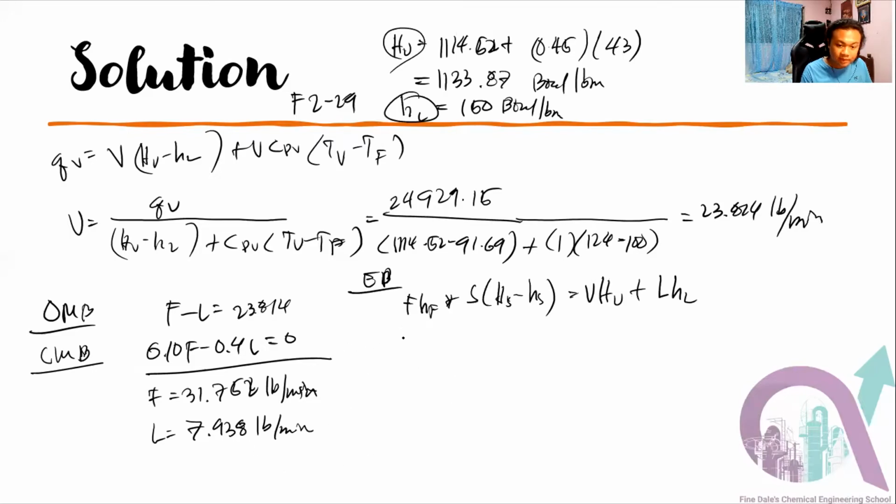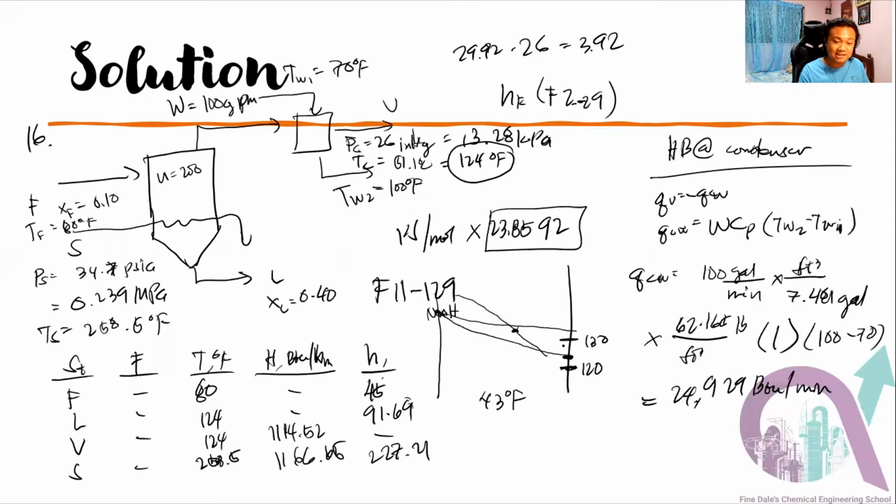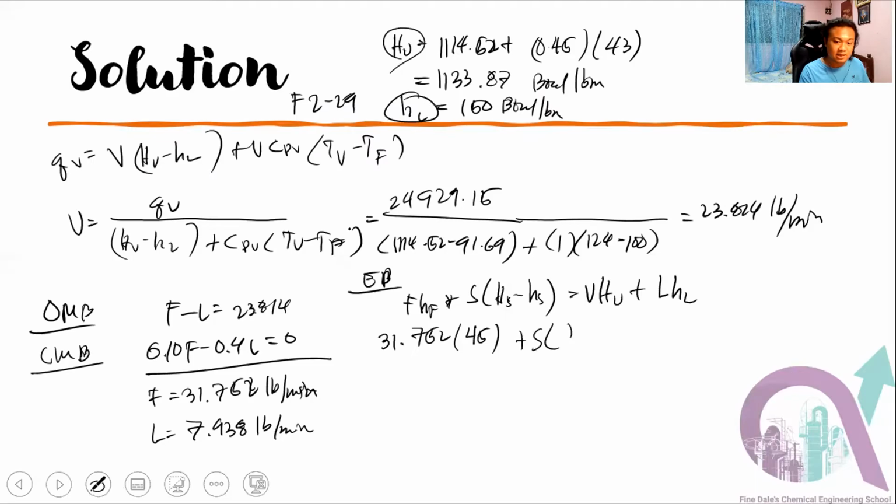So 31.752 times 45 plus S. Input the values of HS and HS here. These are the values. And then substitute everything.